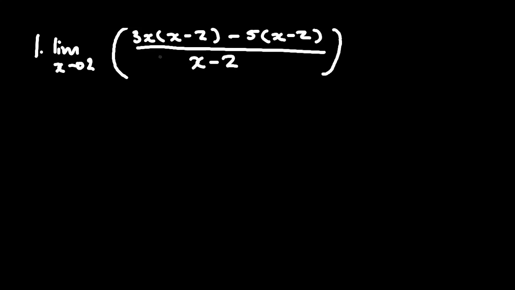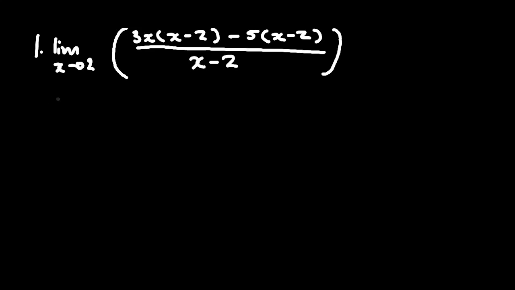So as you can see here, I have 3x into x minus 2, minus 5 into x minus 2, divided by x minus 2. I'm already seeing that there is x minus 2 which is multiplied by 3x, and there is x minus 2 which is multiplied by 5. So that's common to both.